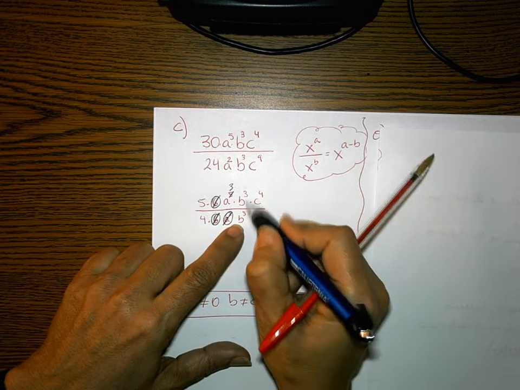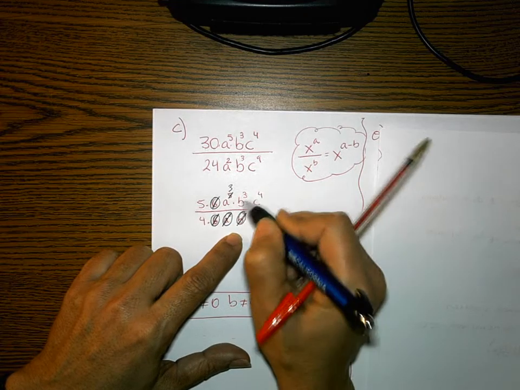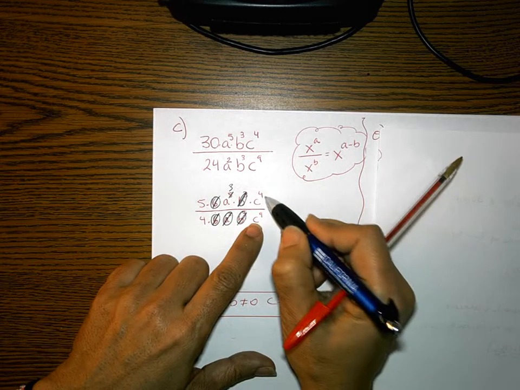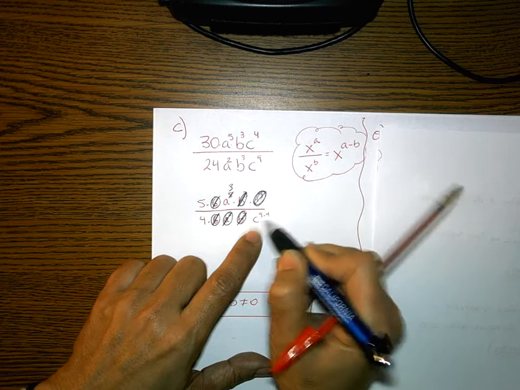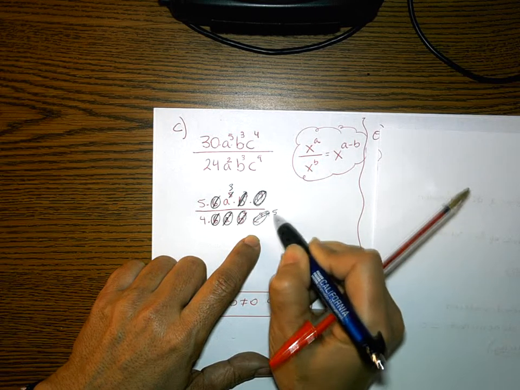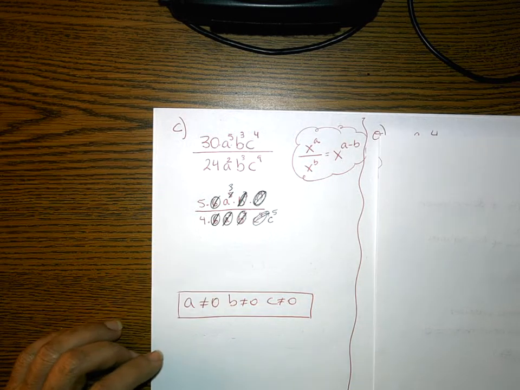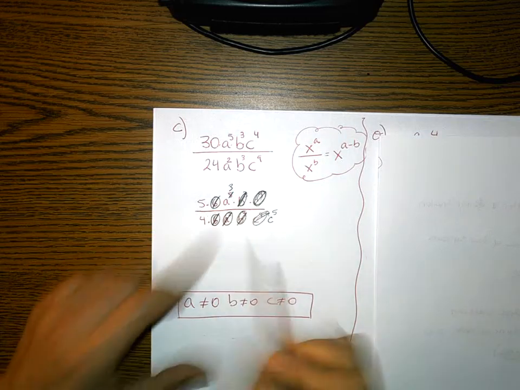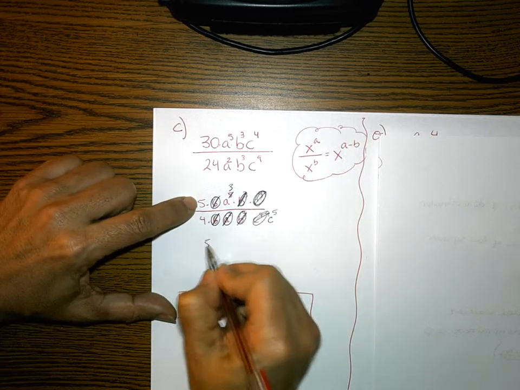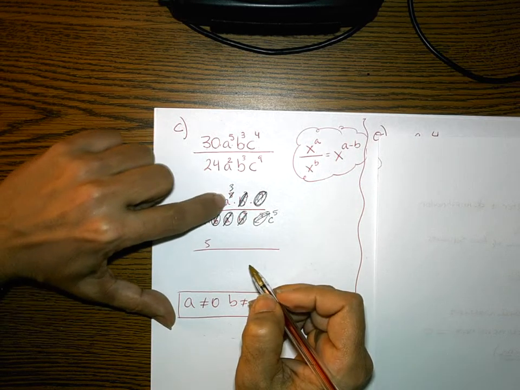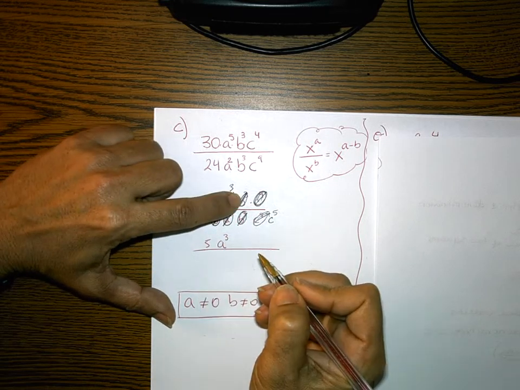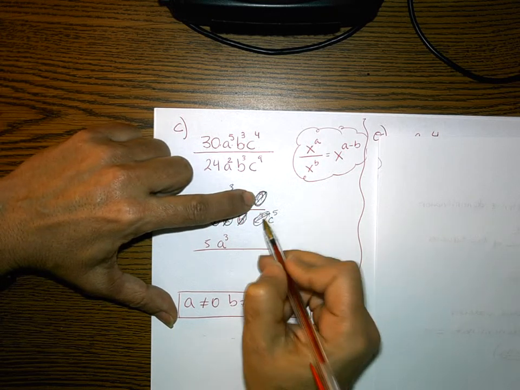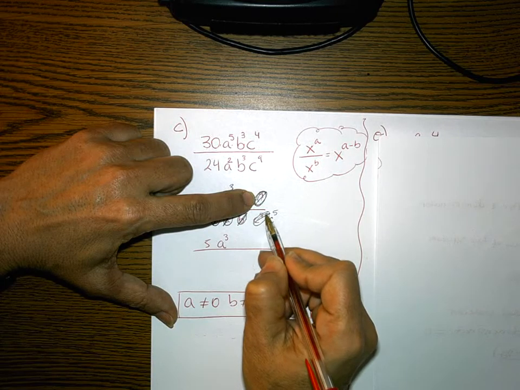And 3 minus 3 here is going to become a 0. And for c, I have a 4 on the top, and I can subtract from the 9 here, and we end up with c to the 5th power. So I reduce all of these. We end up with 5 over a cubed, the b's reduced, and the c to the 4th, I subtracted from the 9th here.